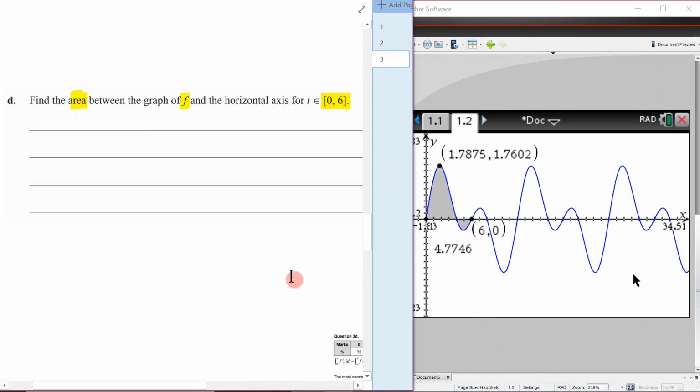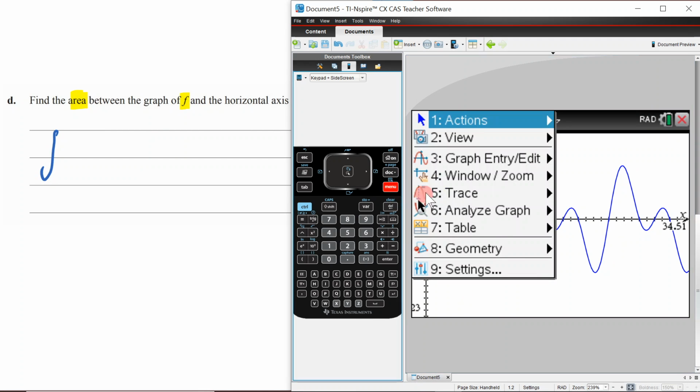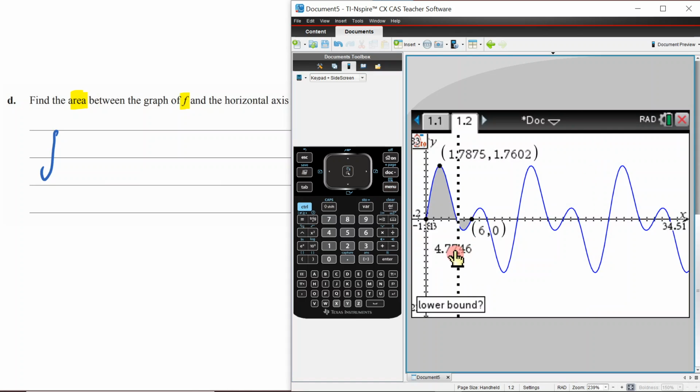So let's come over here, and let me get my pen, that would be helpful, wouldn't it? I'm going to do the integral from 0 to, now what's that value right there? It is 4, but let's make sure we don't make any mistakes. Analyze graph, zero, so that x-intercept right there is 4.